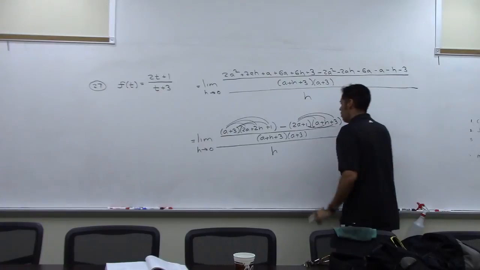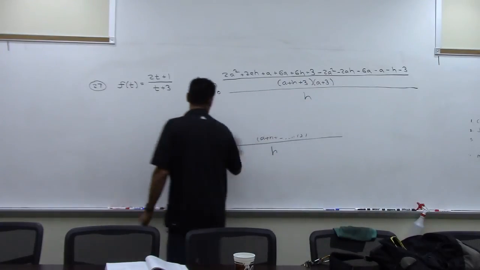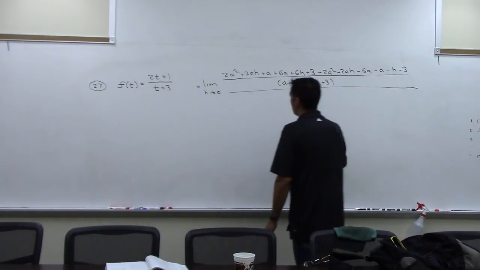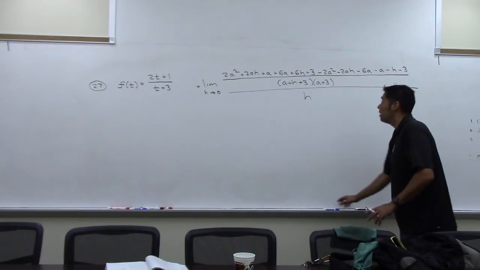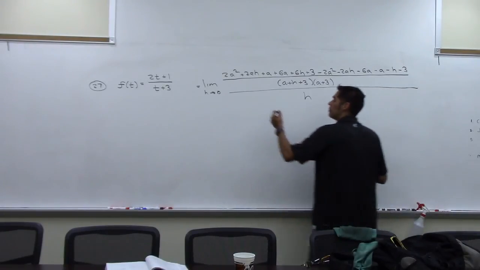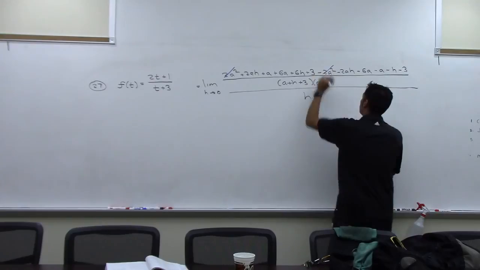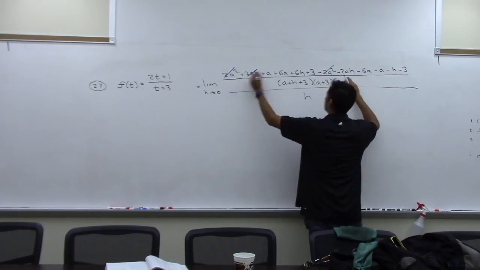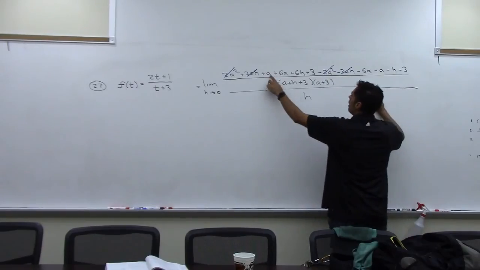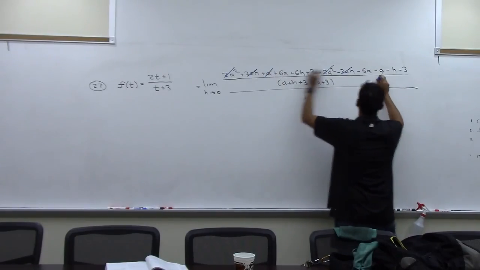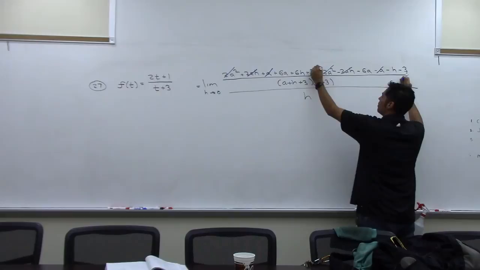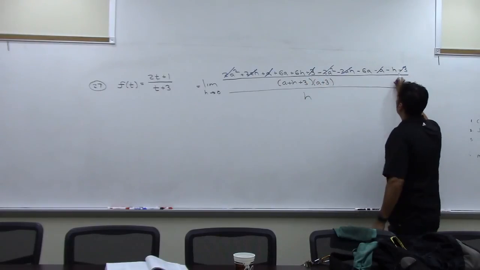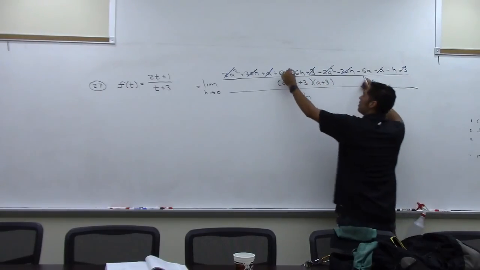And I'm really hoping that everything goes away upstairs except for an h somewhere in all things. So that 2a squared better cancel because it doesn't have an h in it. So here, 2ah minus 2ah, good. The a better go away. Here we go, a. 3, I just noticed that, negative 3. 6a, negative 6a, and positive 6a.